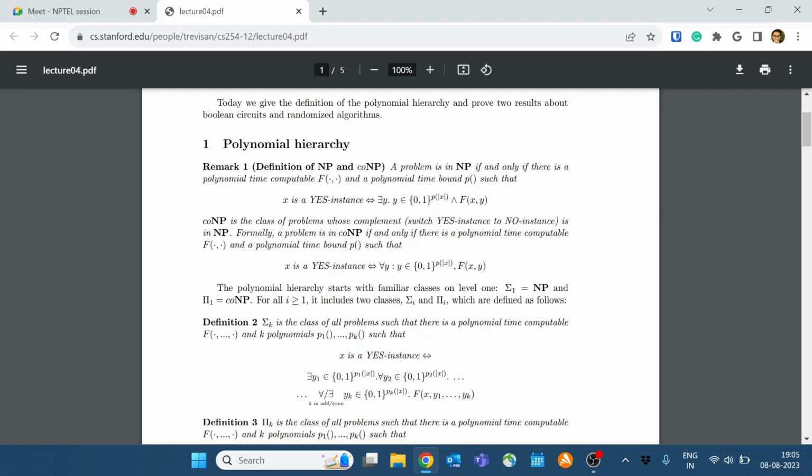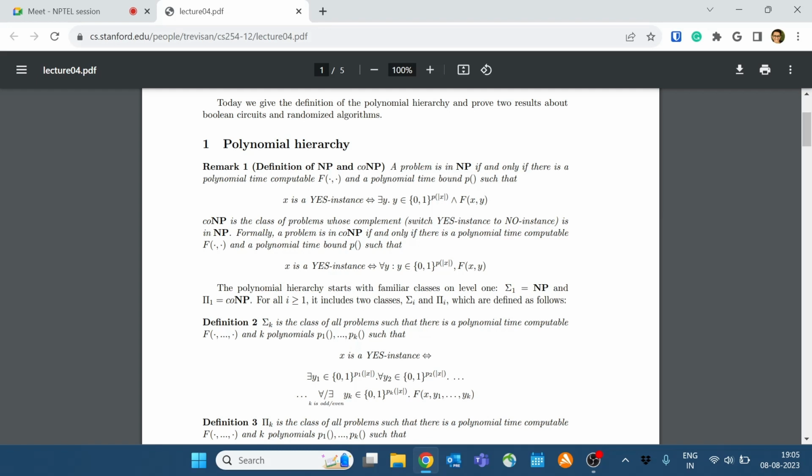Okay, what I'm doing is I'll just rewrite that one line over here. x is a yes instance if and only if there exists y.